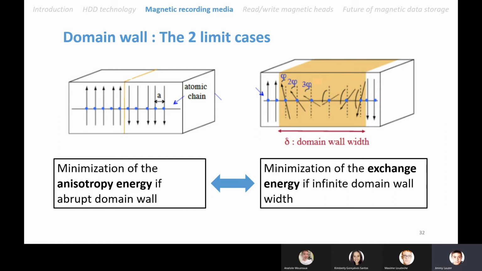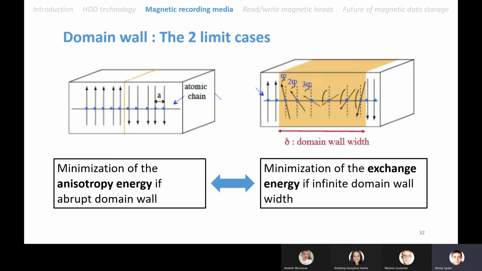The domain wall width can be different following the materials. We will thus explain the two limit cases. The first one is the abrupt, so thin, domain wall, whose width tends to 0. Such a configuration allows to minimize the anisotropy energy as all magnetic moments are aligned with the magnetization direction of the domain.